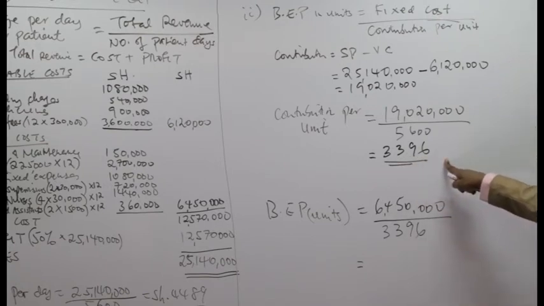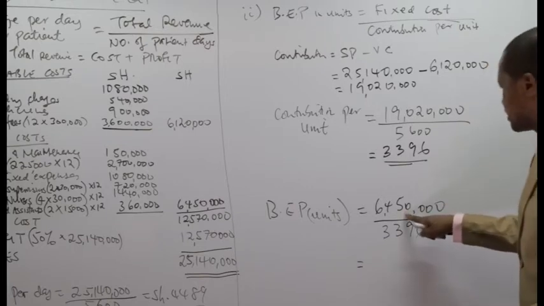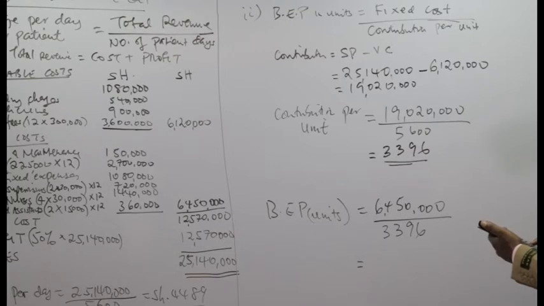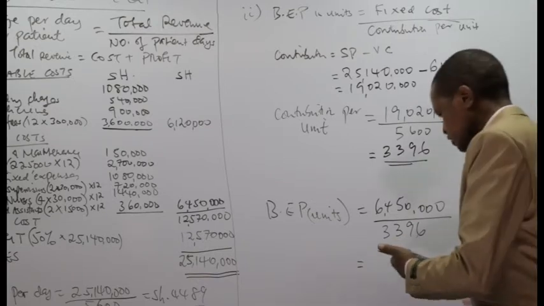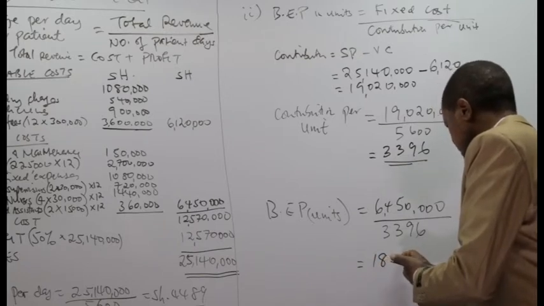So we divide the fixed cost, 64,550, by 33.96, and I have the break-even units coming to 1,899.